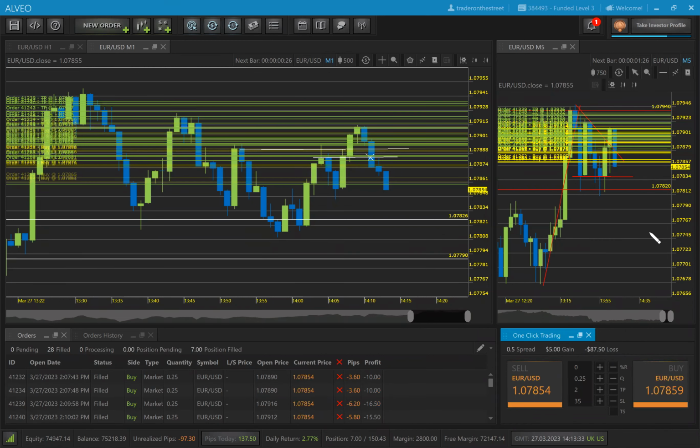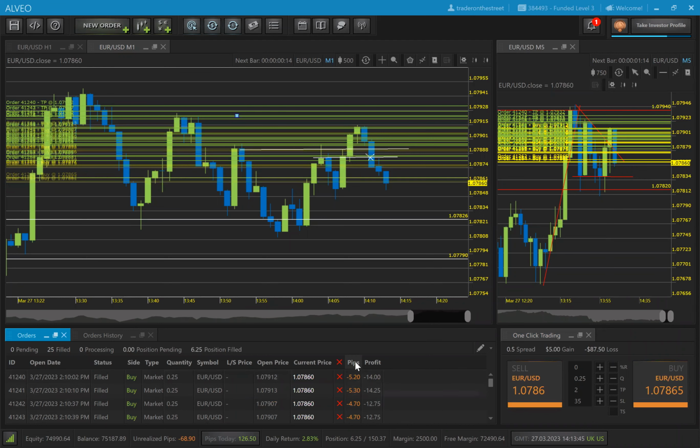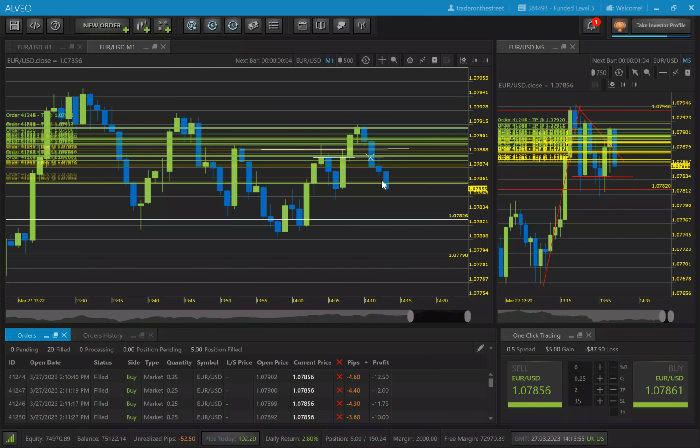I'll build a really strong position, take a couple of losses off the books. In fact, I might take them right now, a couple of those losses. And then I'll reallocate those trades back down on the lows.